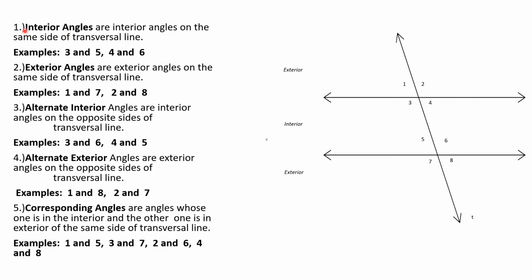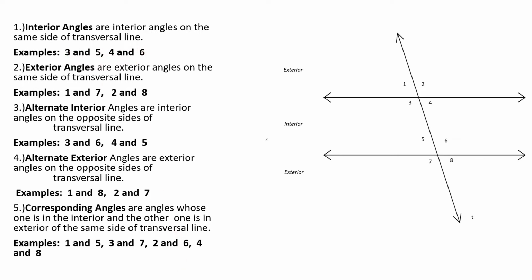So the first one is our interior angles. Interior angles are angles inside the parallel lines on the same side of a transversal line. The examples here are angle 3, angle 5, angle 4, and angle 6. So these are two pairs of our interior angles.